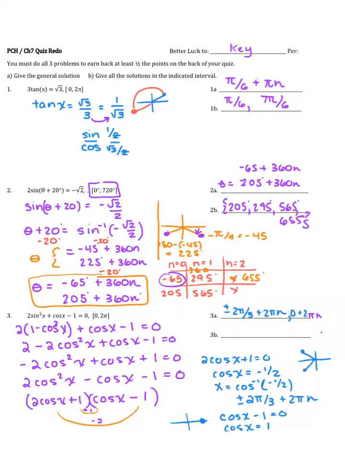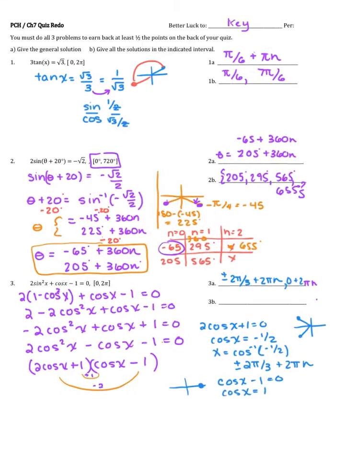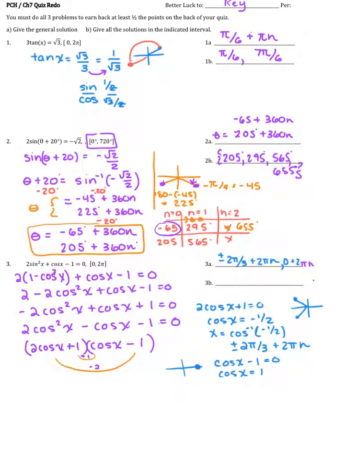And then we want to give all our solutions in the correct range. So you can either do a table or a map, as I've done sometimes. So n equals 0, that's our 2 pi over 3, negative 2 pi over 3, and then we also have 0.